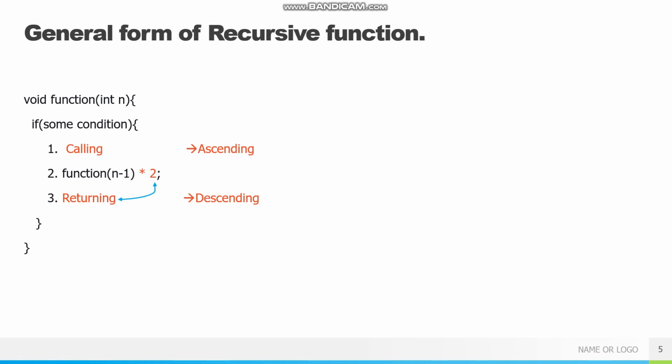So this is the general form of recursion. First it will go in the ascending phase until the function finishes, then returns. Then it goes to the main function and terminates the whole program.